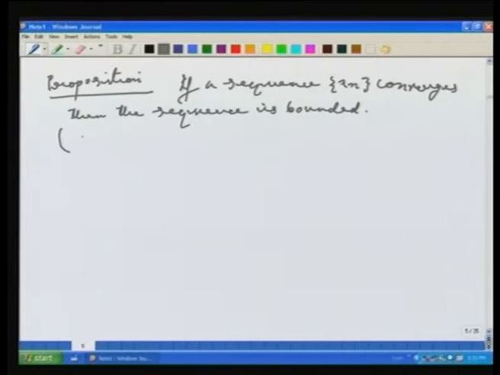A bounded sequence means it is a sequence x n such that there exists a real number m with mod of x n less than or equal to m. That essentially means the whole sequence can be thought of as a subset of the interval minus m to m.